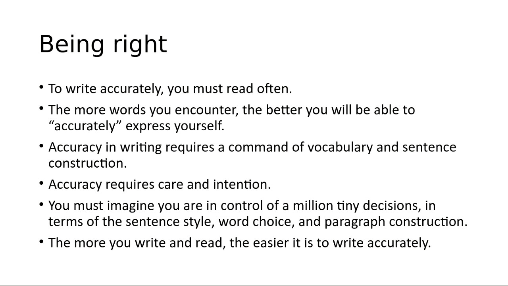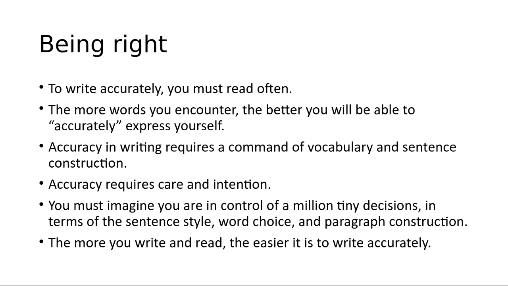So accuracy requires care and intention. You must imagine you are in control of a million tiny decisions in terms of sentence style, word choice, and paragraph construction. You might not be aware of it currently. I know I certainly wasn't when I first started writing. But there are a million tiny decisions to make in terms of word choice and how you're shaping your sentences.